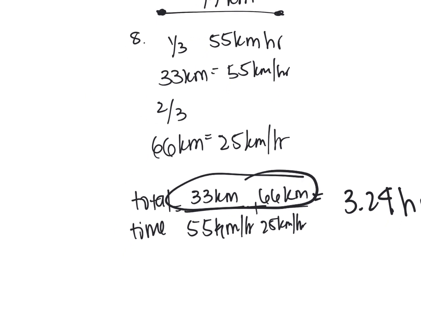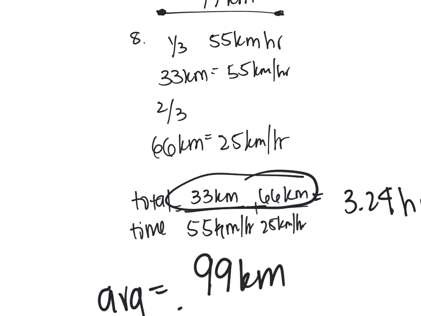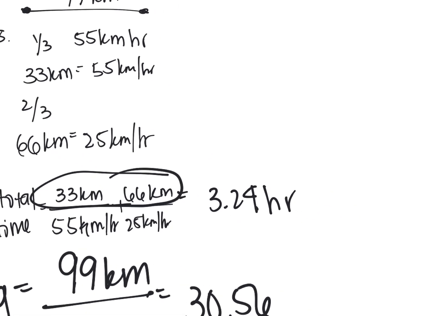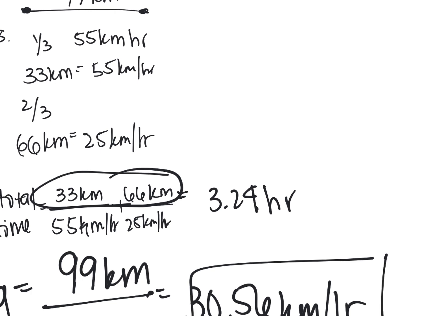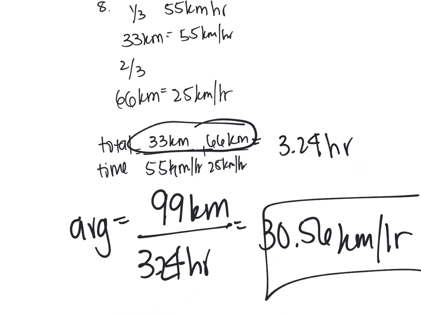The average velocity, however, is found with a different equation. It would be the distance over time. And our answer would be 30.56 kilometers an hour.